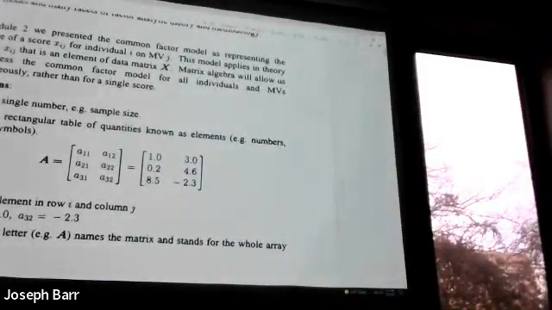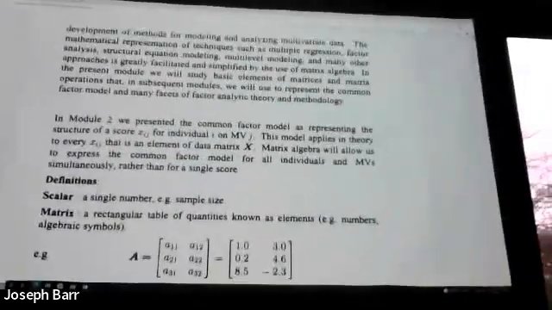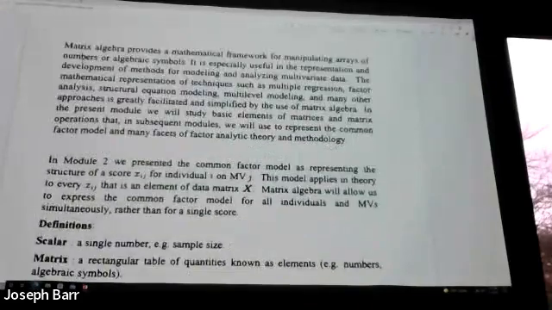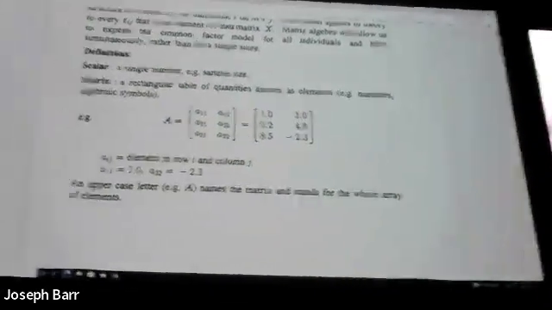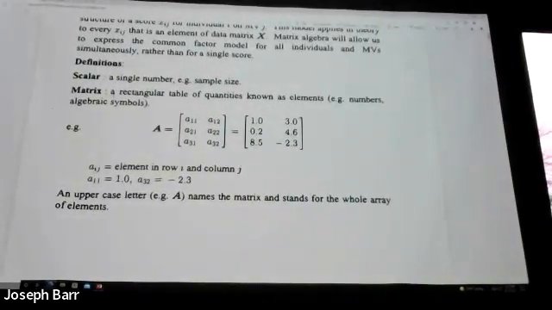The logic is clear, and the definitions are clear. If you are very familiar with this part, you can skip it. We're going to talk about the definition.